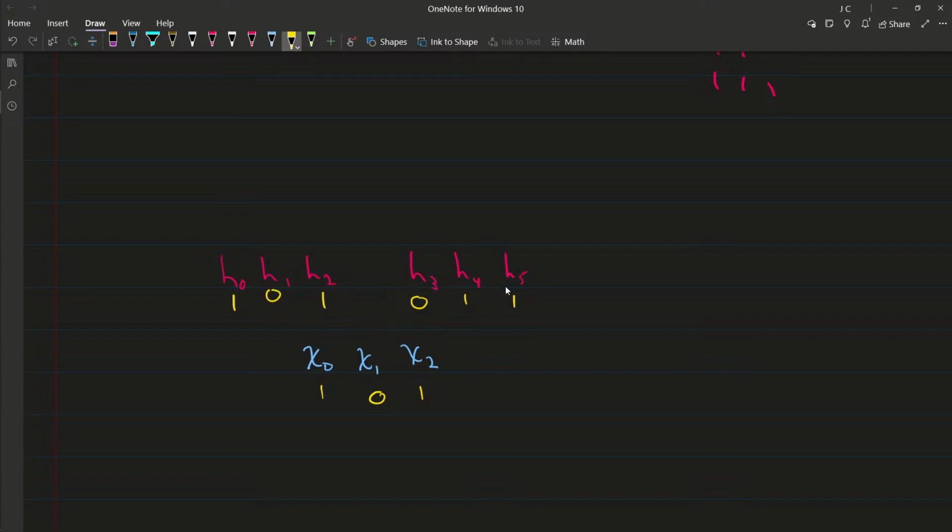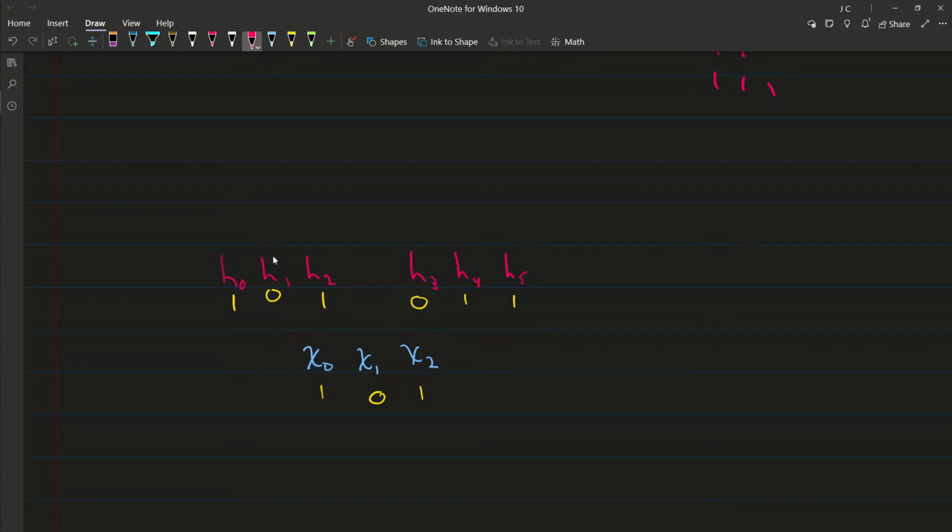What you want is for this one to be the canonical branch for this input.